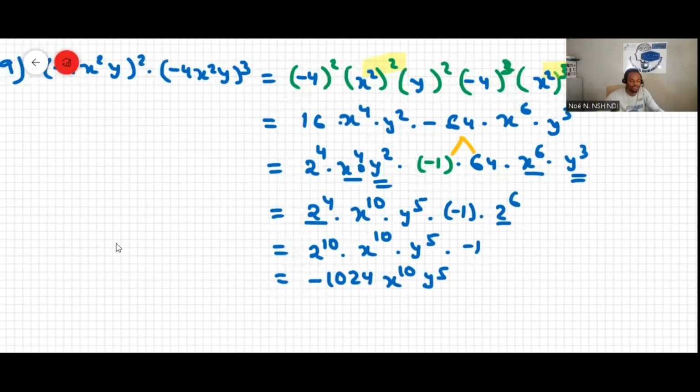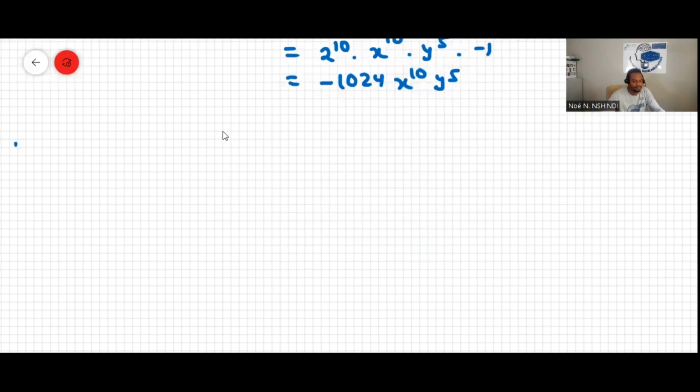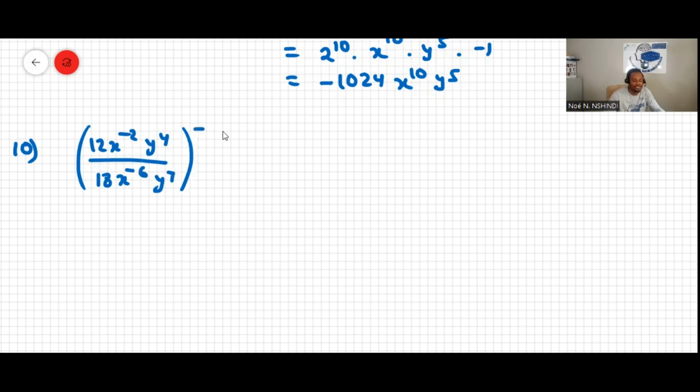Now we can do question 10. The question says 12 x to the negative 2, y to the 4, all over 18 x to the negative 6, y to the 7, all raised to the negative 2.